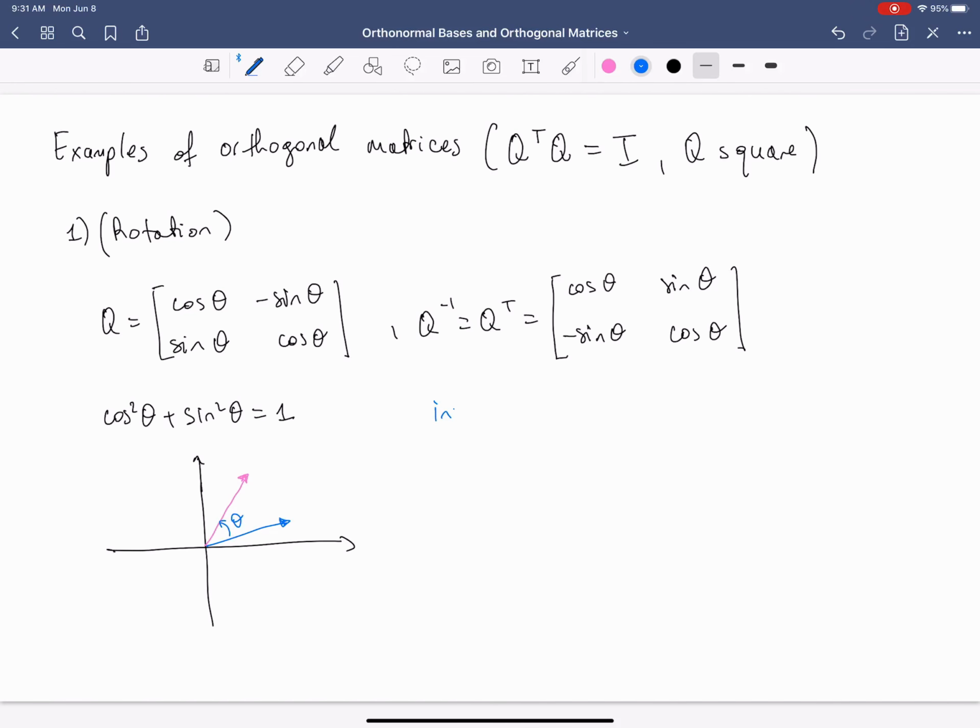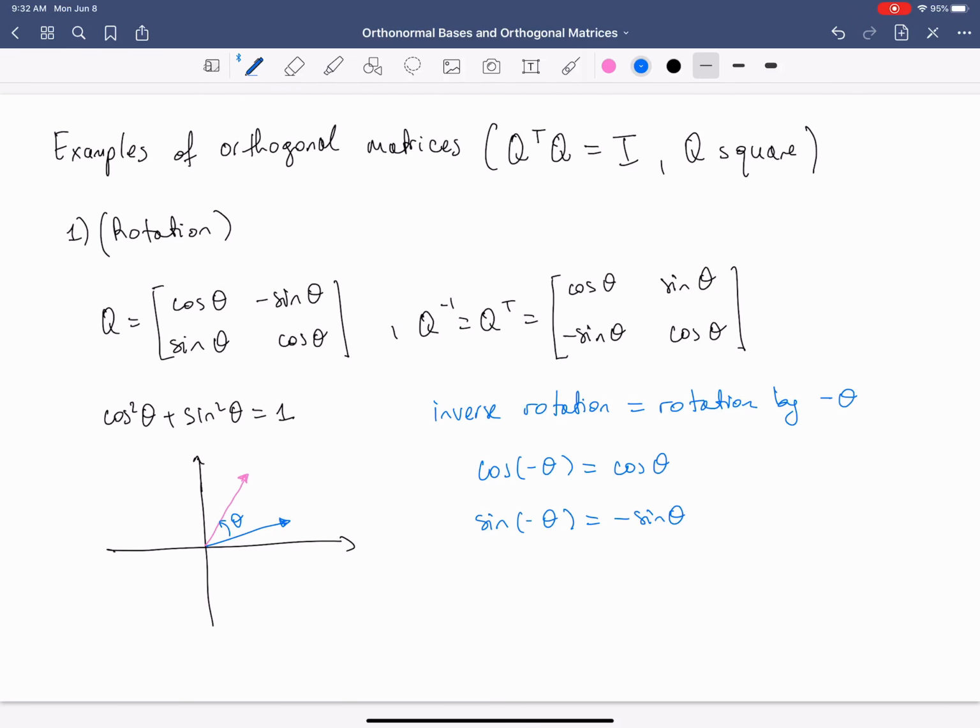Let me write that. And what you can use as a key property of sines and cosines to get to the inverse rotation without looking at the transpose matrix is the fact that cosine of negative theta is cosine of theta because the cosine is an even function, whereas sine of negative theta is minus sine of theta because the sine is an odd function.